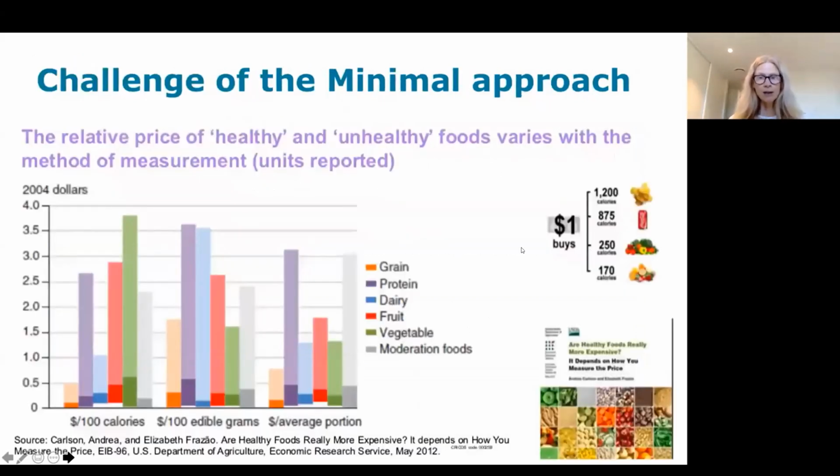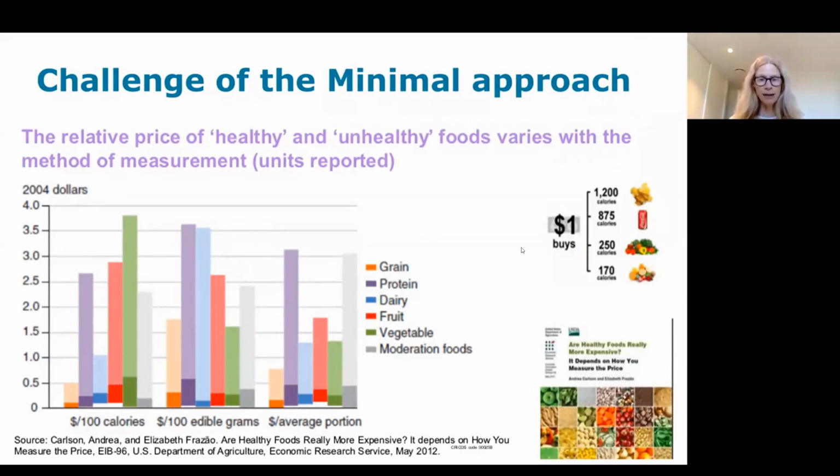So one of the challenges of the minimal approach is that it really depends on what unit of measurement you use. So this is a graph from the USDA, which looks at the cost of food by calorie, by edible gram, or average portion.